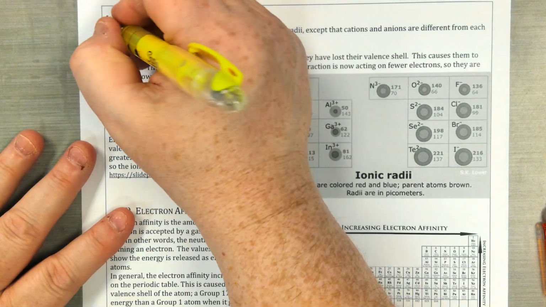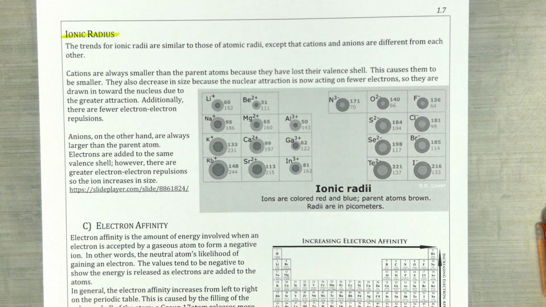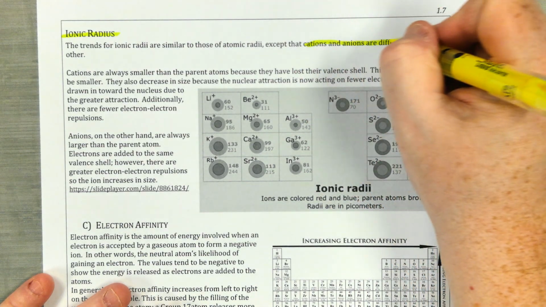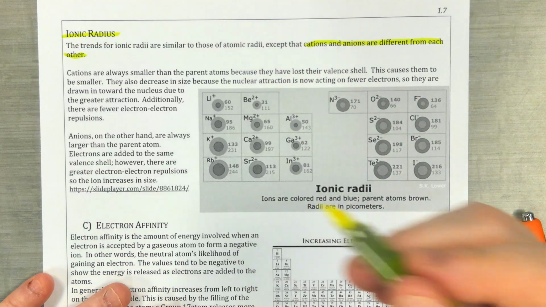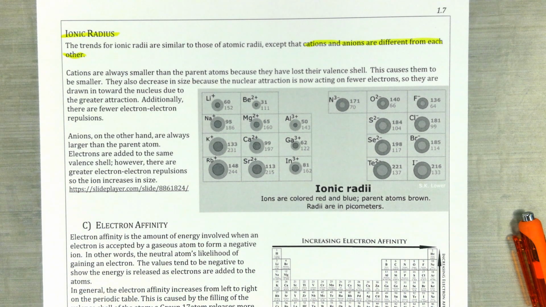Now, ionic radius. How is that different? They're similar to the atomic radii, except that cations and anions are different from each other. Okay. So ionic radius is not just talking about the size and how many shells. Ionic radius is when you have a chemically neutral element, like calcium, that has 20 protons and 20 electrons.